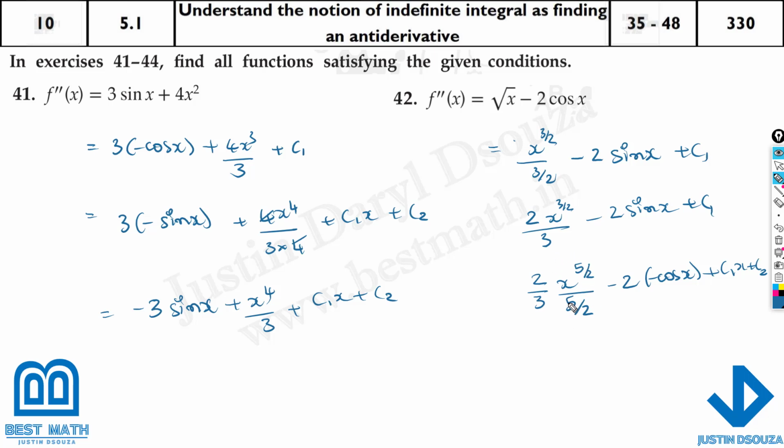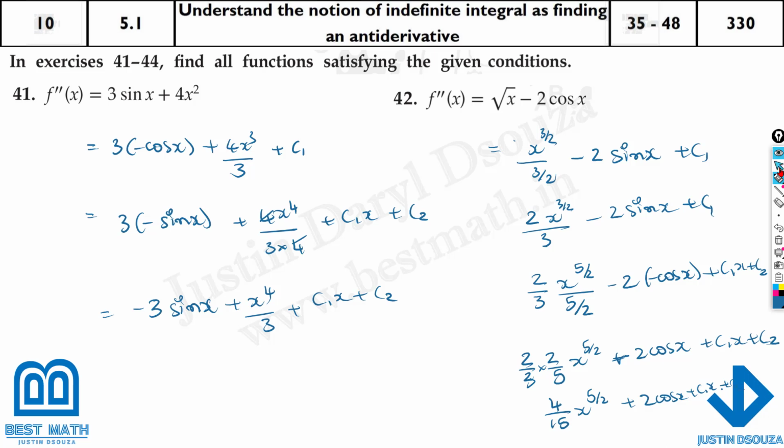So here this denominator remains with this and this goes up, so it'll be 2 times 2, it's 4. I'll write it one by one. 2 by 3 multiplied by 2 by 5, x power 5 by 2, minus and minus becomes plus 2 cosine x plus c1x plus c2, and this is 4 by 15 x power 5 by 2 plus 2 cosine x plus c1x plus c2.